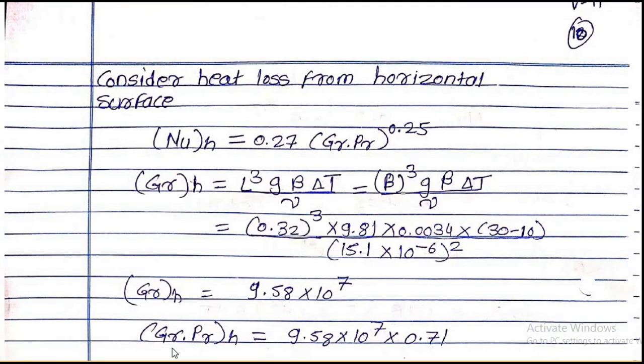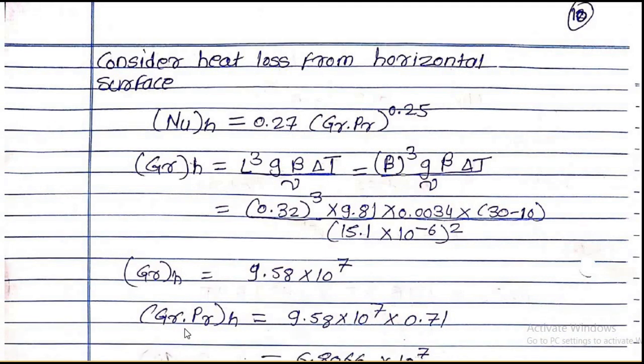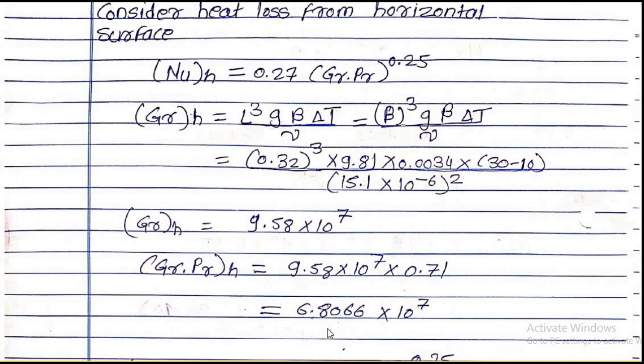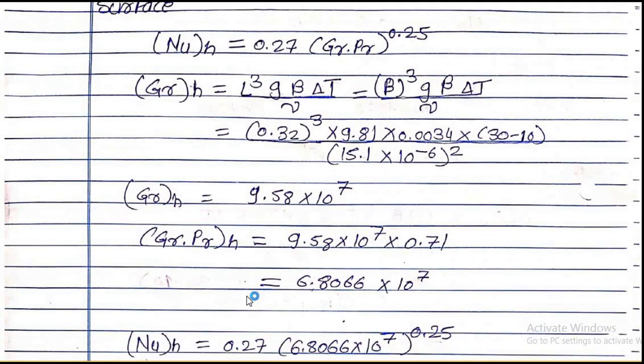Now the Prandtl number is already given. So Grashof number multiplied by Prandtl number is 9.58 into 10 raised to 7 multiplied by 0.71. This product for the horizontal surface we get as 6.8066 into 10 raised to 7.